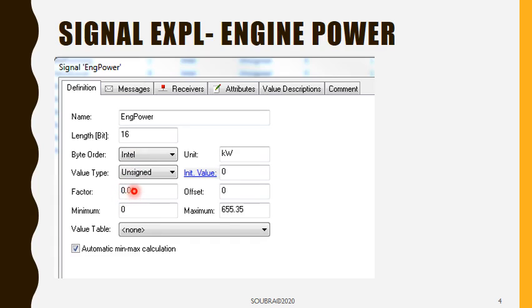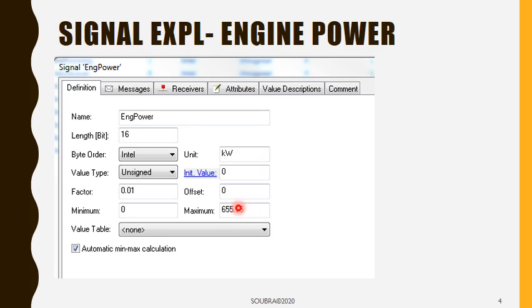0.01. Hence, the minimum, which is calculated automatically by the way, would go from 0 because it's unsigned, so we do not hit the negative values, to a maximum of 2 to the power of 16 times 0.01. Fair enough? So this would be the highest value. So it's 655.35 kilowatts.